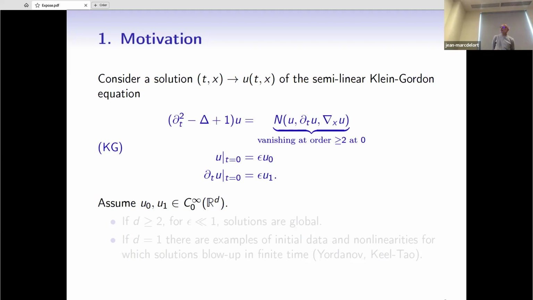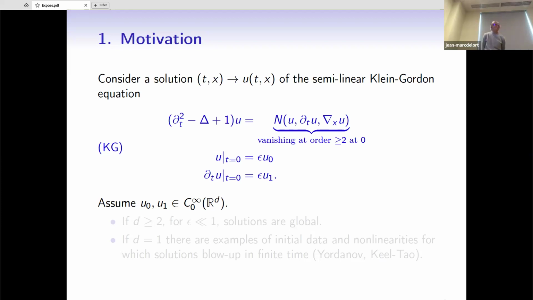And take initial conditions, u at t equals 0 equals epsilon u0, and ∂t u at t equals 0 equals epsilon u1, where u0 and u1 are smooth and compactly supported functions on R^d, and epsilon is positive and small.